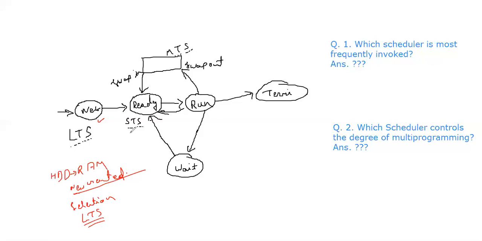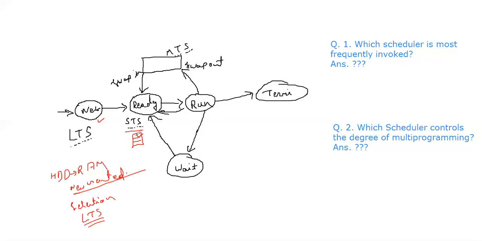Now, next one is short-term scheduler. When short-term scheduler is used, you have so many processes in your ready state. Out of these processes, if you are having a single processor, you need to select only one process at a time. So what will be the criteria for selection? And on the basis of that criteria, you need to schedule processes accordingly.